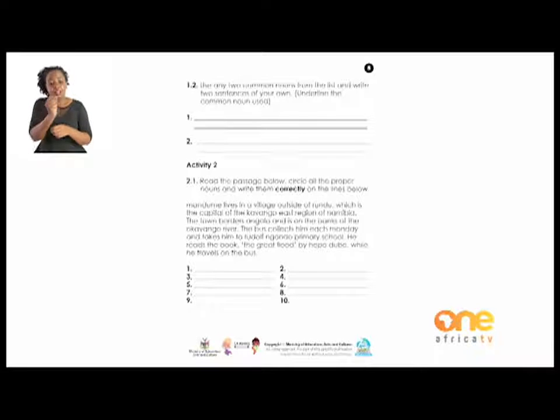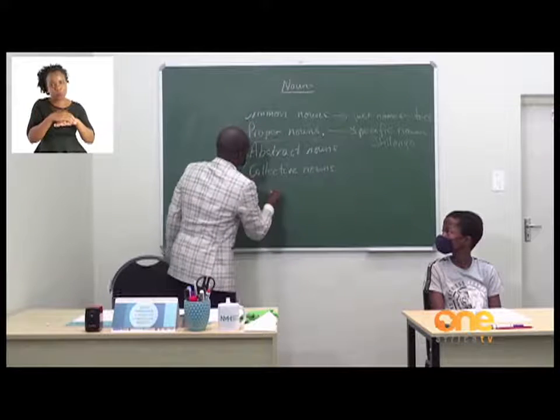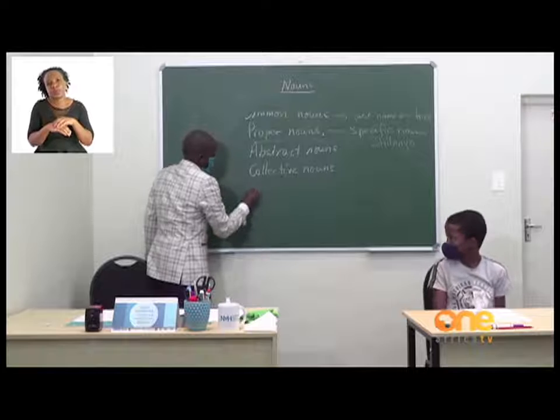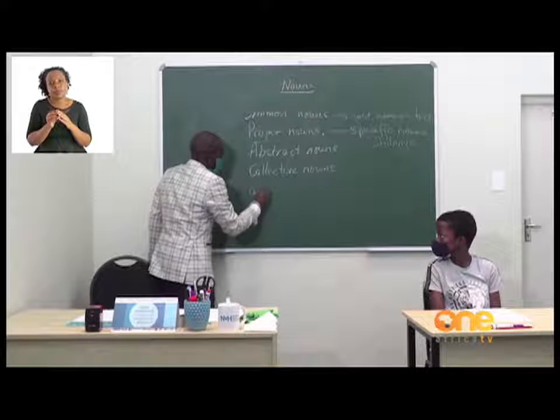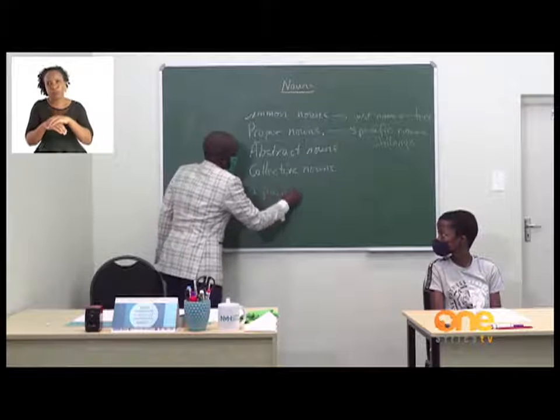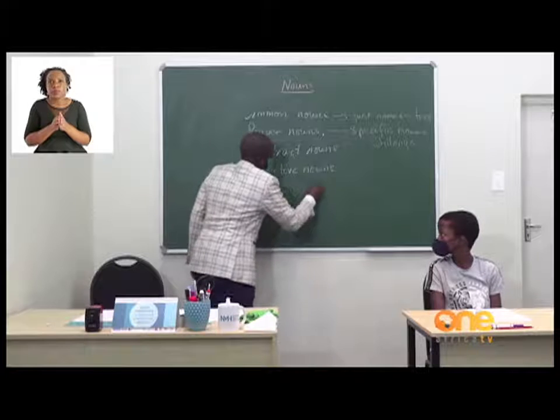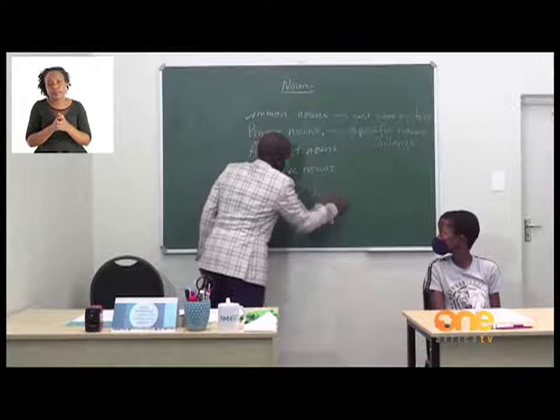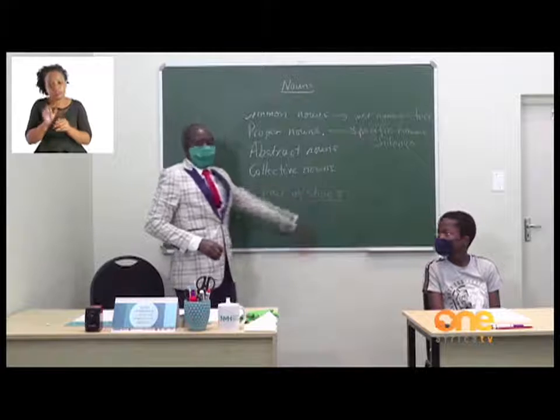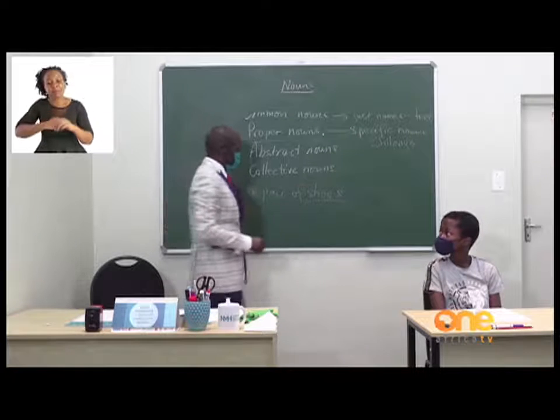Underline the common noun used. For example, I will choose shoes, a pair of shoes. This word shoes is my noun, and I want to use it in a sentence.